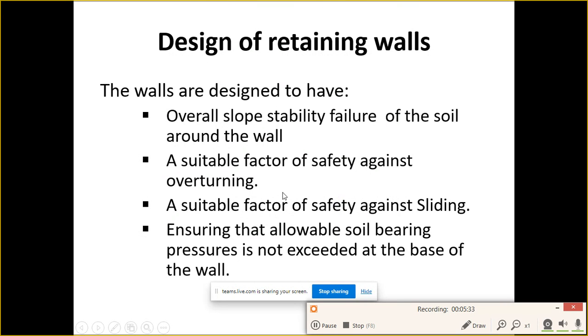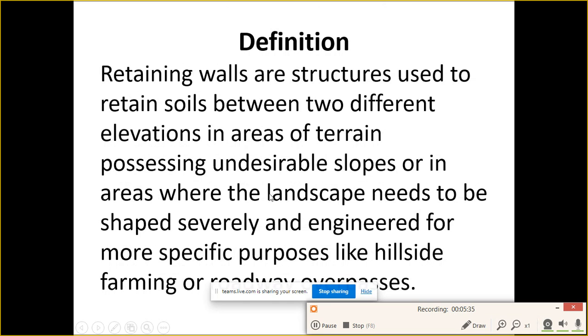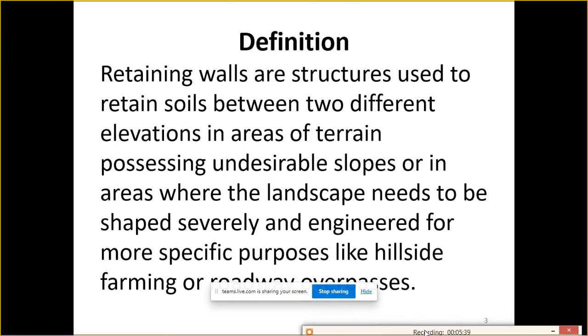Are we together? Yes. Please minimize the recording. Now you can see well. Okay.